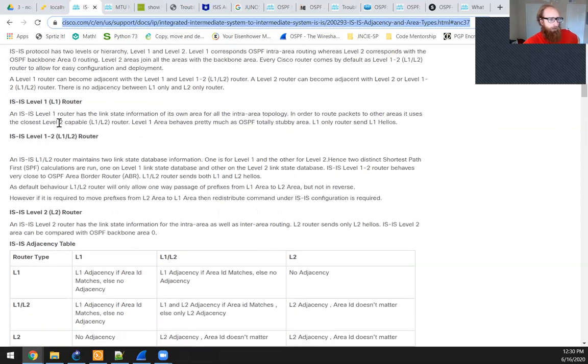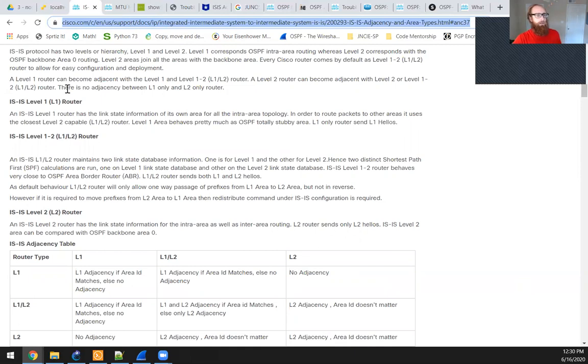ISIS level 1, L1 router. An ISIS level 1 router has the link state information of its own area for all the intra-area topology. In order to route packets to other areas, it uses the closest level 2 capable L1/L2 router.